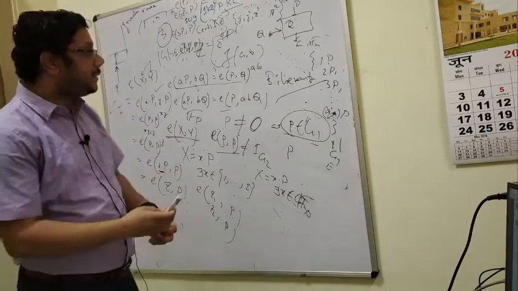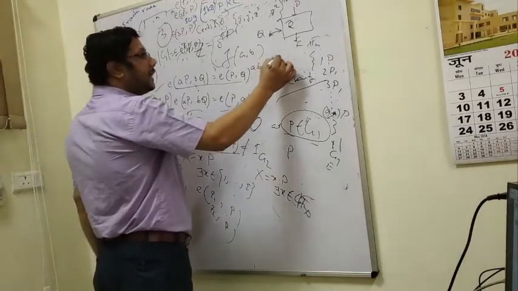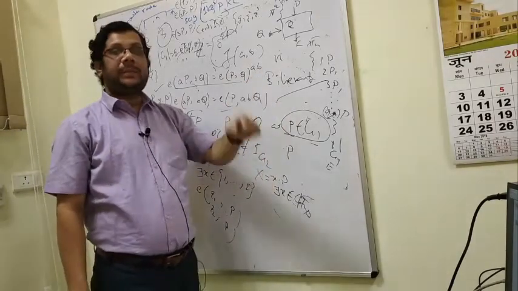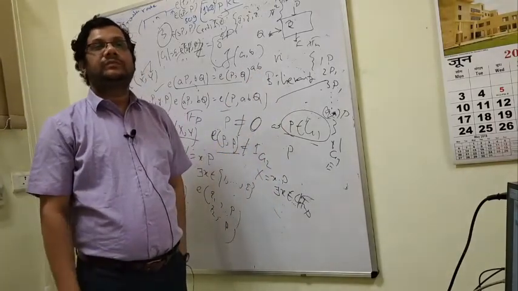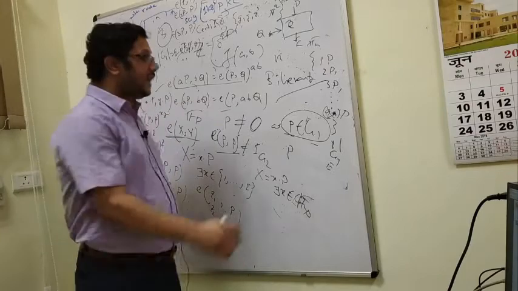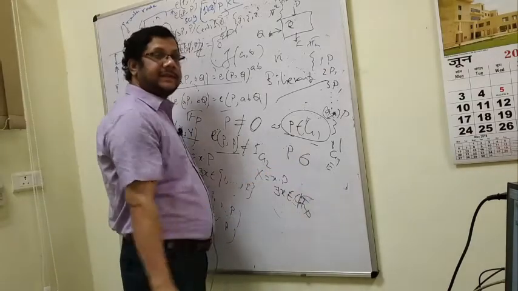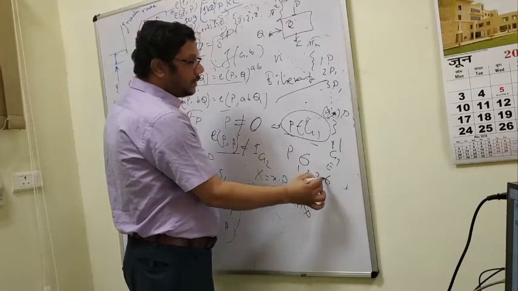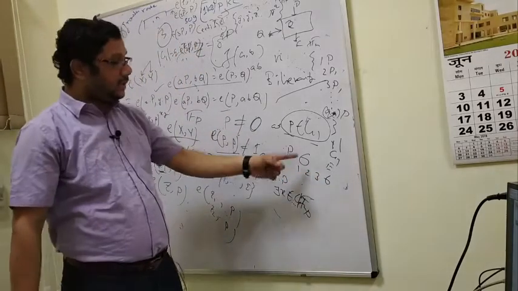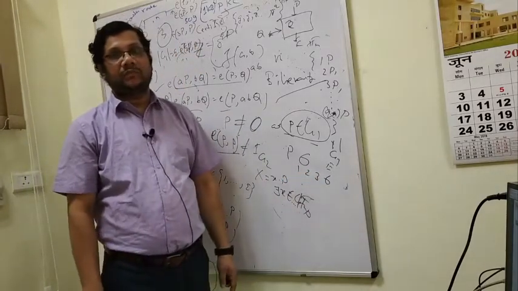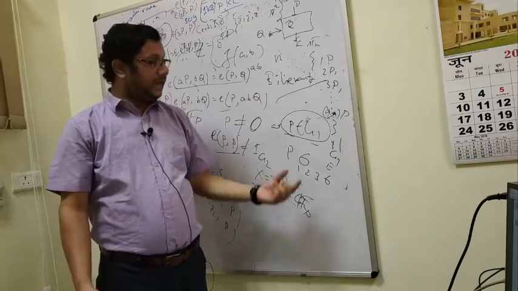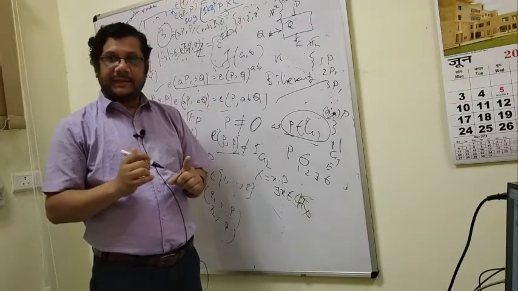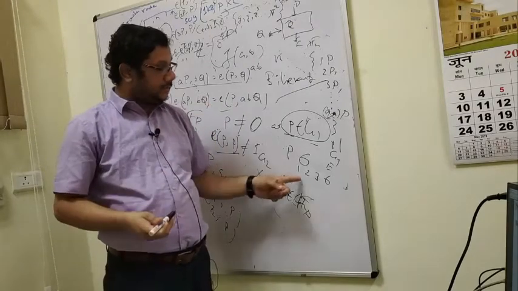If the size of the main group is n, the size of the subgroup is always a divisor of n. If the size of the main group is 6, then the size of the subgroup is either 1 or 2 or 3 or 6. It must be a divisor of 6. So you take any element of that group, if the number of elements in that group is 6, then the subgroup size will be either 1, 2, 3 or 6.